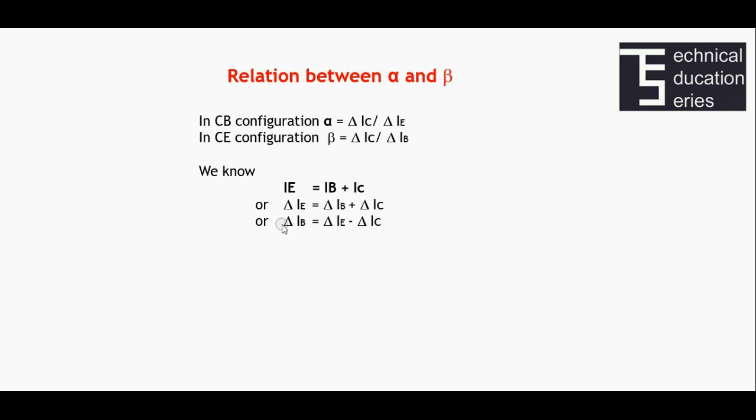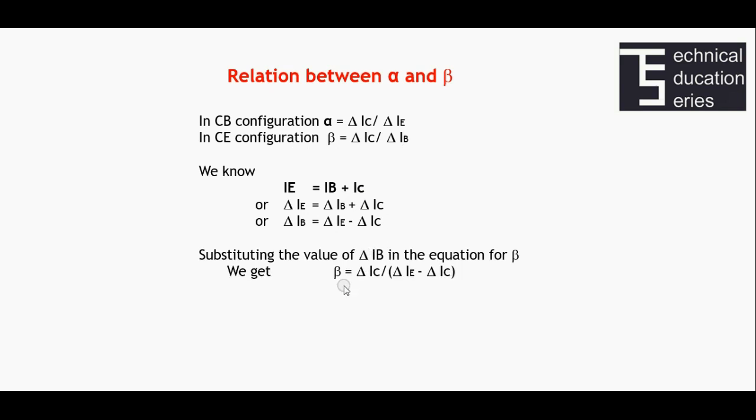So this expression for delta IB can be substituted in the equation of beta, that is delta IC by delta IB. We will get beta is equal to delta IC divided by delta IE minus delta IC. Here we have substituted the value of delta IB with delta IE minus delta IC.